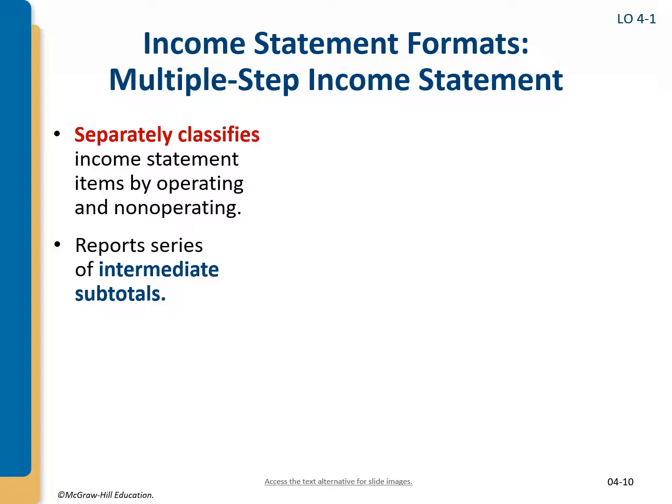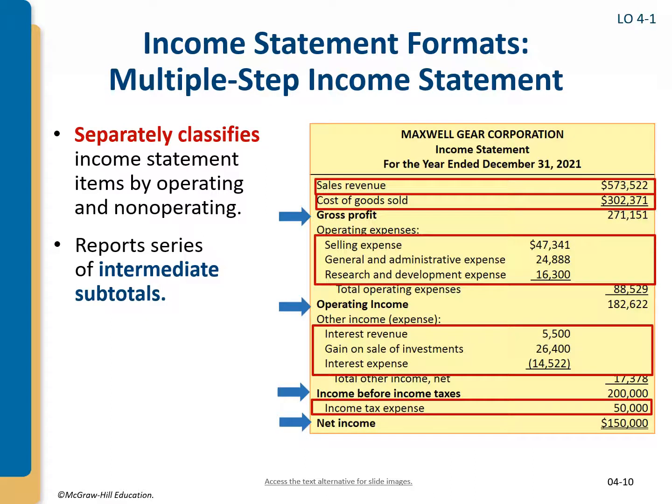Then it subtracts operating expenses to get your next intermediate subtotal, operating income. Then it subtracts or adds those other income or expense items to get our income before income taxes. So that's what they're talking about there, those subtotals. So there they are again: gross profit, operating income, income before income taxes, and net income.